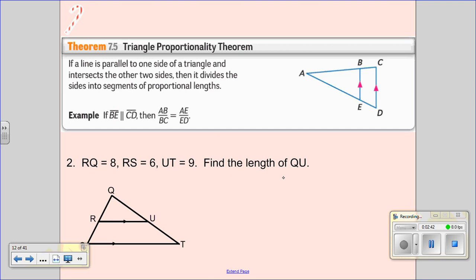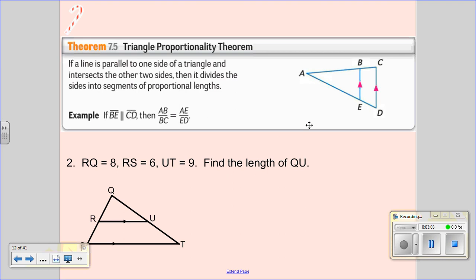Now let's talk about the new stuff. Today we're going to, again, talk about parallel lines and their proportional parts. The triangle proportionality theorem says, if a line is parallel to one of the sides of a triangle and intersects the other two sides, then it divides the sides into segments of proportional lengths.